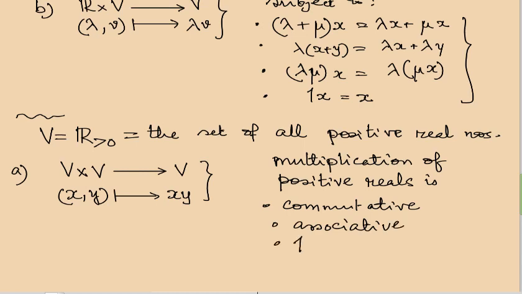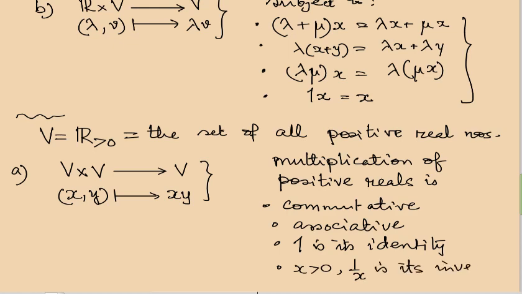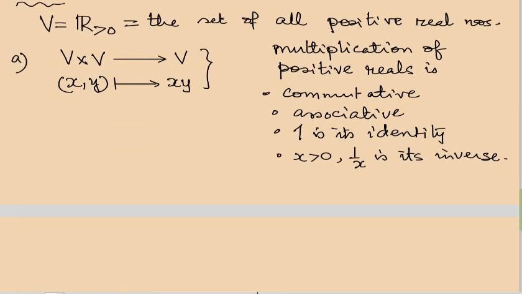The number 1 is its identity. And for x greater than 0, 1 upon x is its inverse. Okay? So it's a plausible candidate for the binary operation.